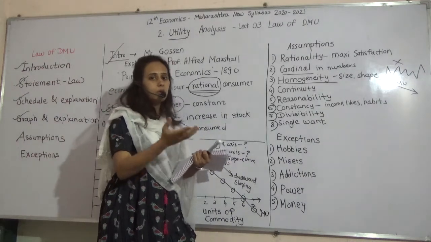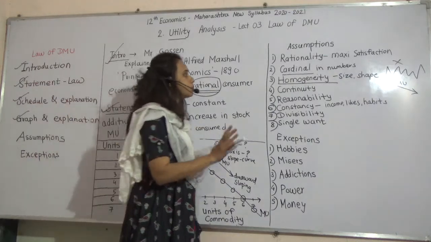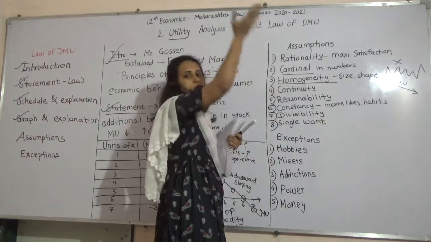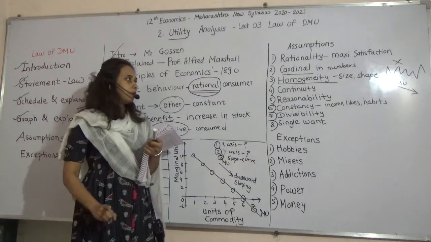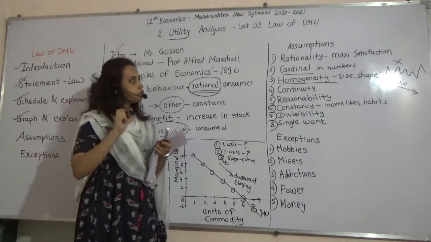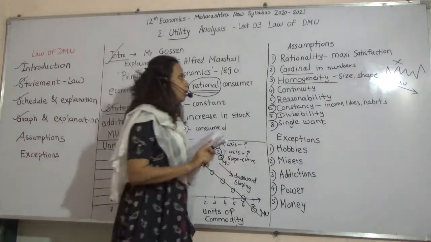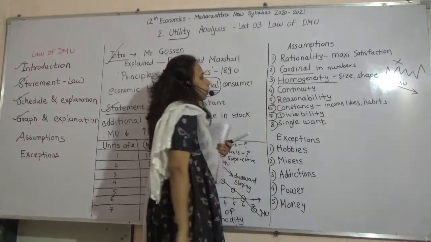And suddenly in the third and fourth unit, he gets the best mango, very sweet, tasty mango, then his satisfaction level will go high. This should not happen. That's why the law says that whatever you are going to consume, it should be homogeneous, meaning the same in size, shape, color.